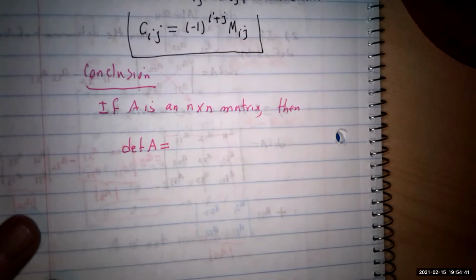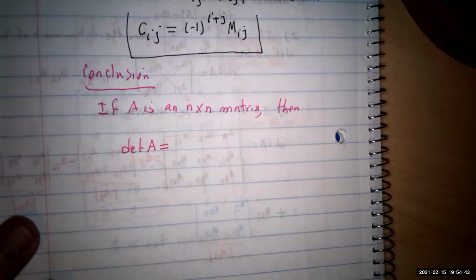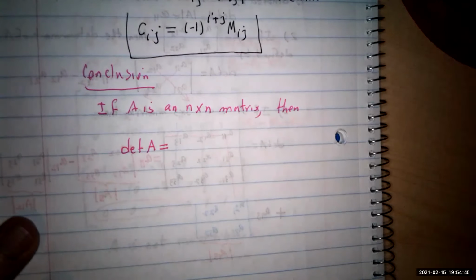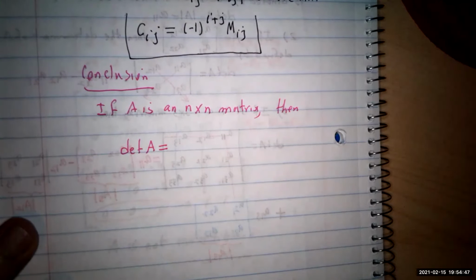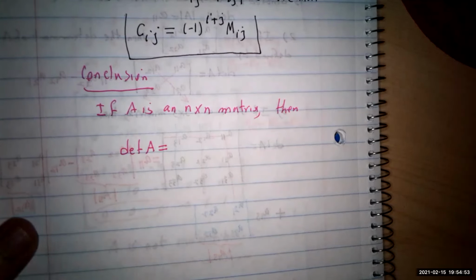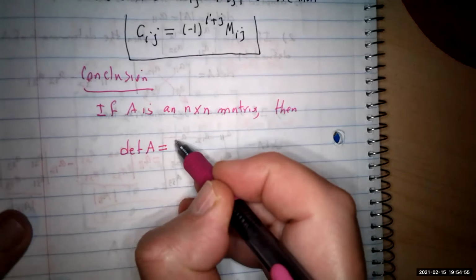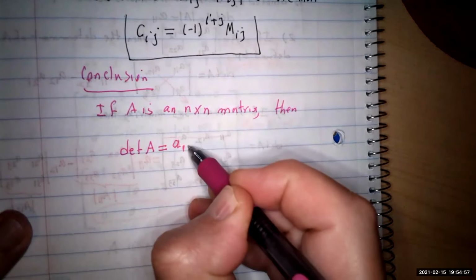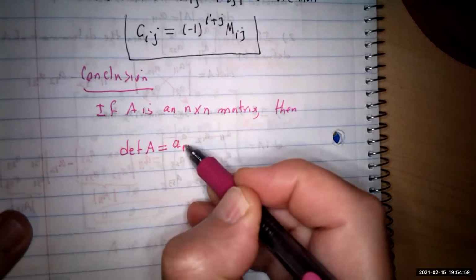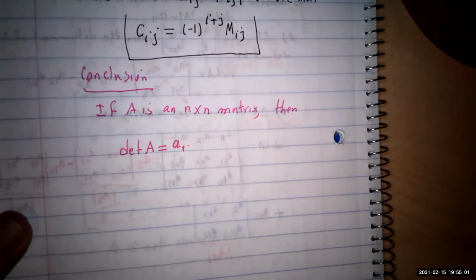Depends which one you want: the first row, the second row, whichever row you are interested in. If you just pick the first row, for example, the first row and the j column.